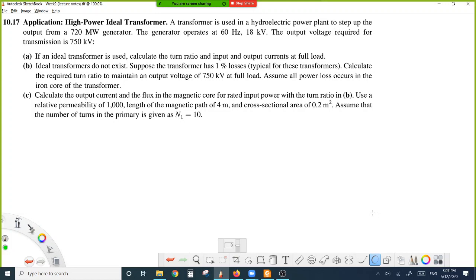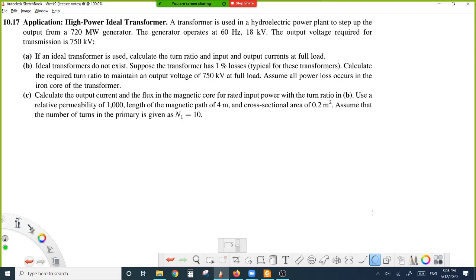The generator operates at 60 Hz, 18 kilovolt. The output voltage required for transmission is 750 kilovolt. If an ideal transformer is used, calculate the turn ratio and input and output currents at full load.